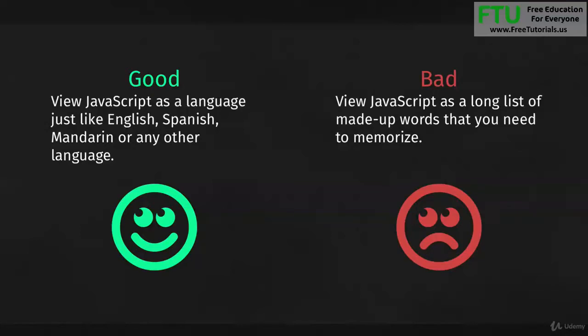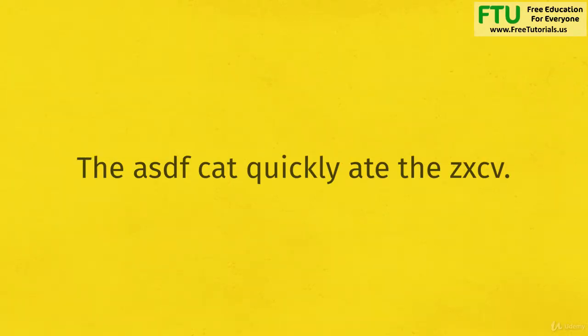Let's take English as an example. So here's a sentence. The asked cat quickly ate the zizix. Now, two of the words in this sentence are made up nonsense. But because we understand the structure of the English language, it doesn't really matter that we don't know what these words mean. We can still basically understand the sentence as a whole.